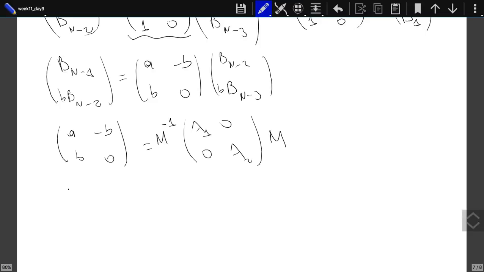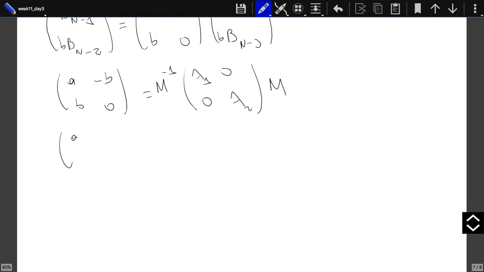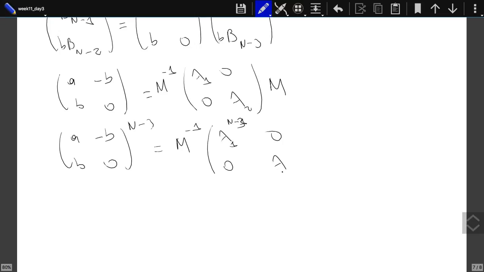Now, when we take this n minus third power, this will be M to the power minus 1, lambda 1 to the n minus 3, lambda 2 to the n minus 3. And remember, eventually we are taking the limit n goes to 0. We have these two eigenvalues.